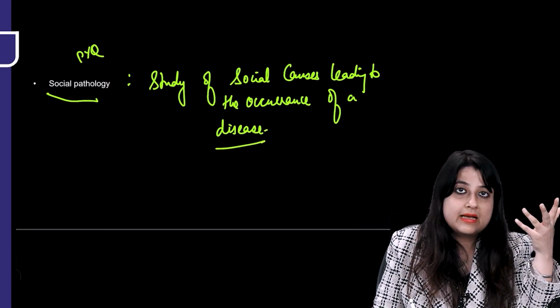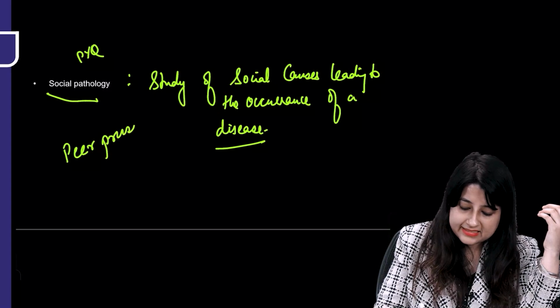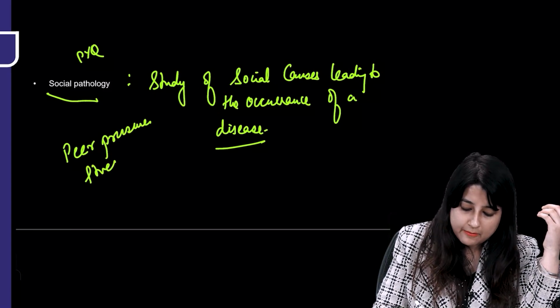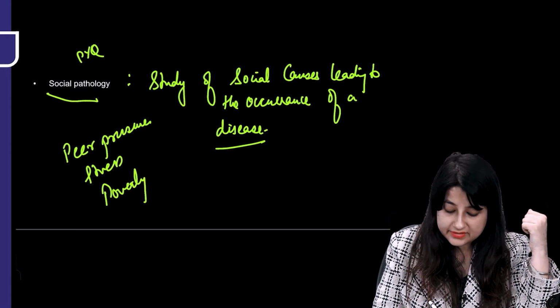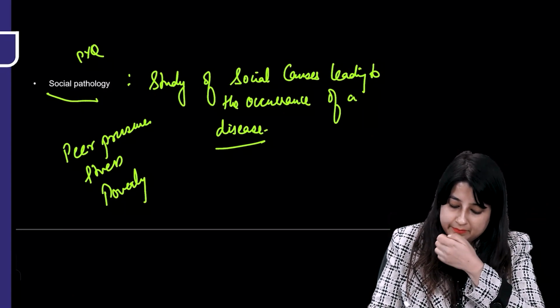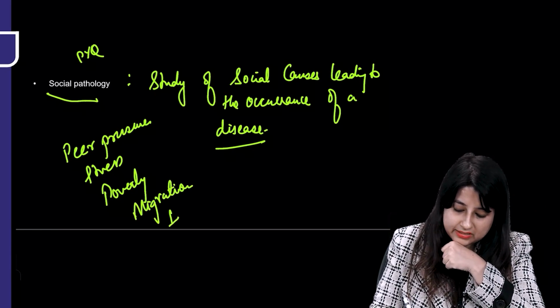Can you give me some examples? Peer pressure, it is a social cause. Stress, it is a social cause. Poverty, it is a social cause which can lead to the occurrence of a disease. Then migration, or you could also say, for that matter, industrialization.